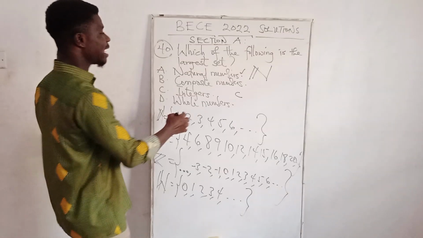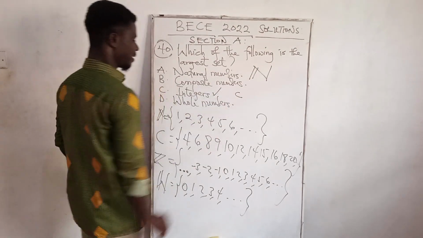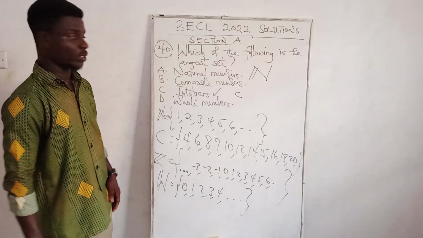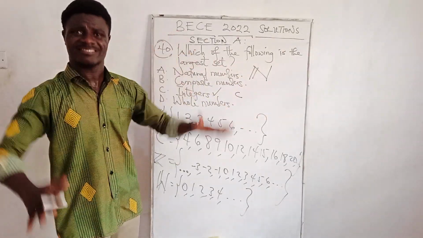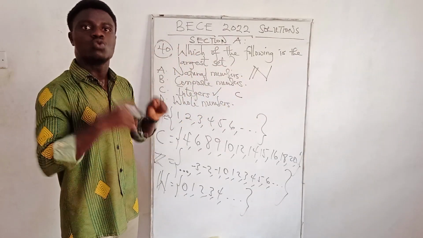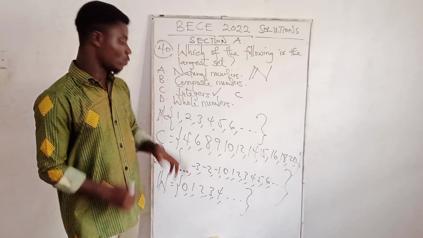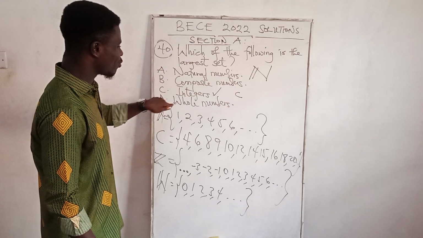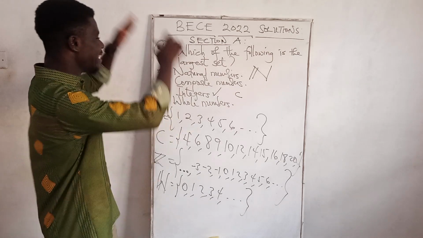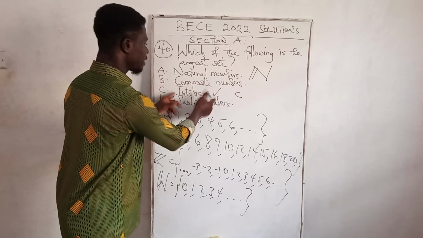So the answer is what? Integers. Very, very important. So integers consist of negative and positive natural numbers, including 0. So all these natural numbers, whole numbers, composite numbers, they are all subsets of integers.